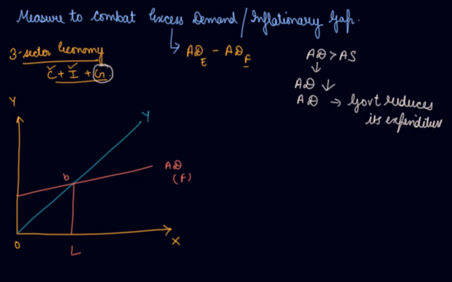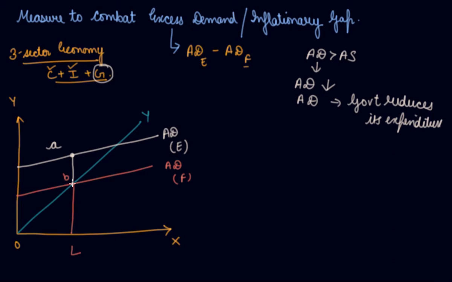Now, if your aggregate demand is more than your aggregate supply, which means your aggregate demand is more than your full employment level, in this case you do not get your equilibrium here because you cannot increase your supply because your resources are fully utilized. Ultimately, you get over here.